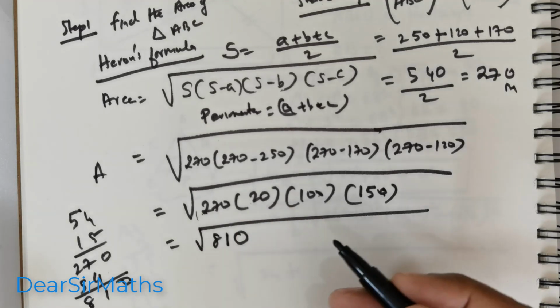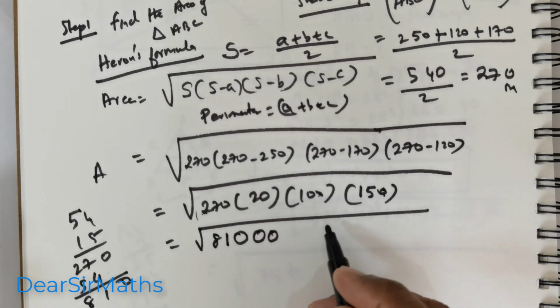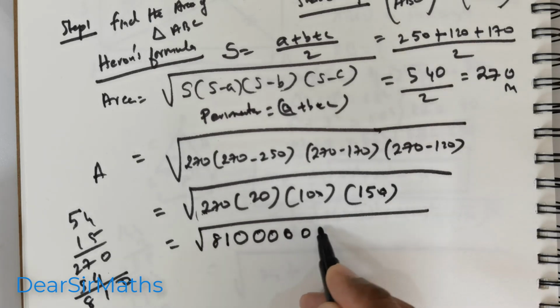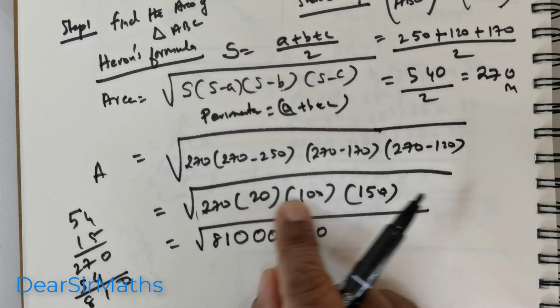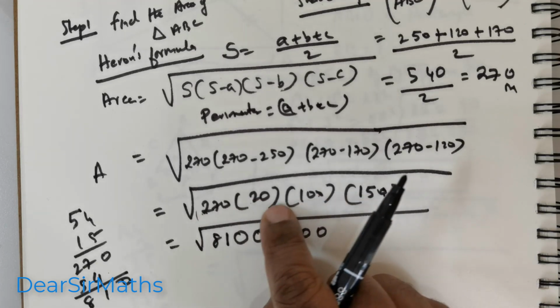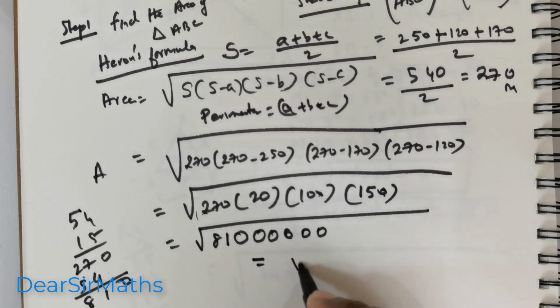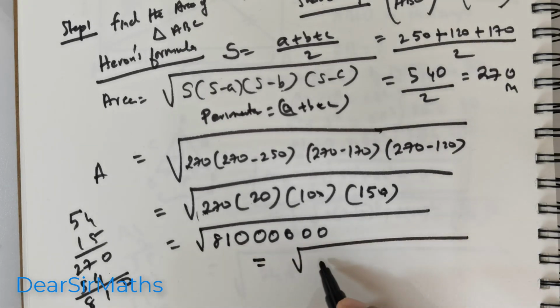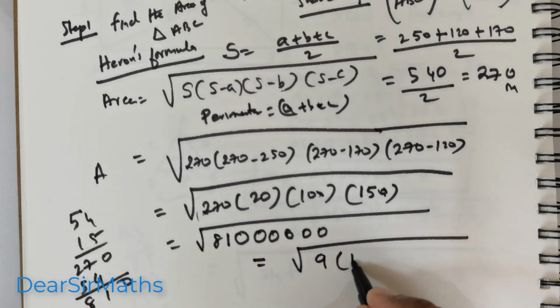So I need to place 5 zeros there. So let me just check: after multiplying this with this and this, and then 1, 2, 3, 4, 5 zeros. So I'm going to rewrite this as root of 9 multiplied with 1, 2, 3, 4, 5, 6.